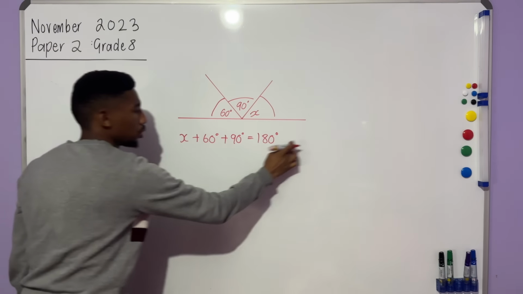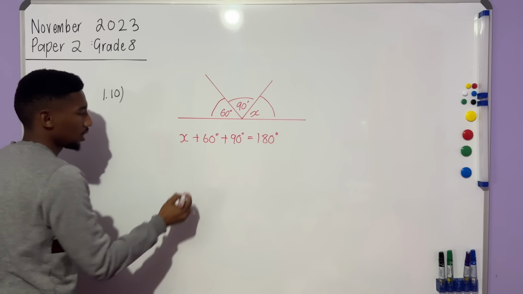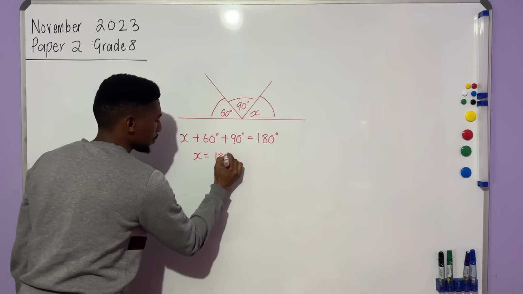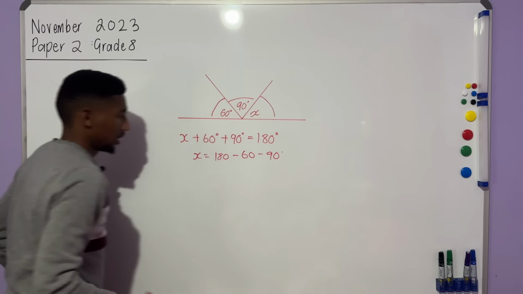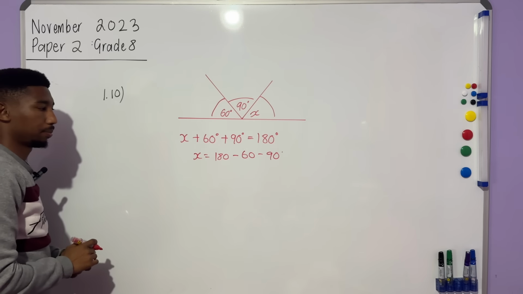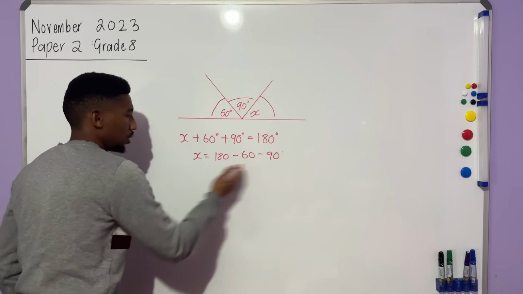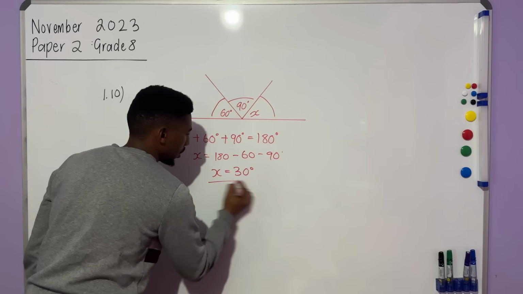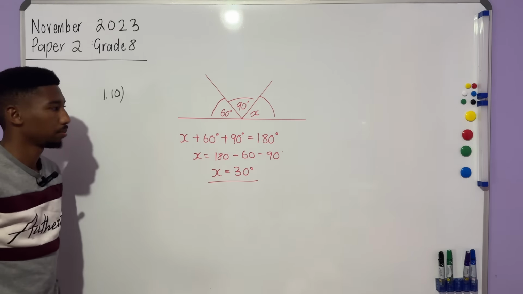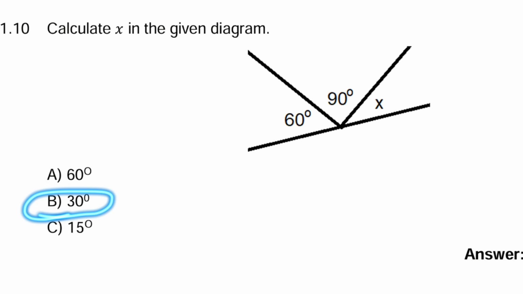Because this is multiple choice, I'm not going to write my reason there. To solve this, I'm going to do the inverse of 60 and the inverse of 90 on there. Okay, and when I do this in my calculator, I should get x is equal to 30 degrees. So when you look at 1.10, the answer is B.